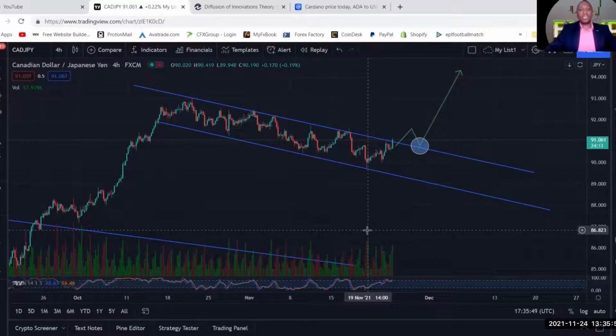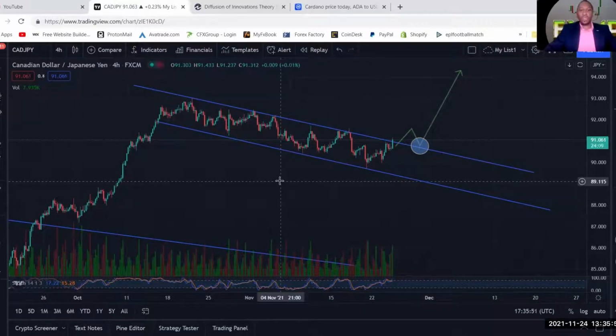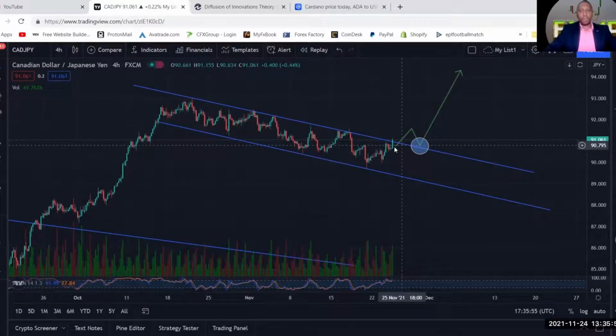So you can see that based on what I just plotted on the daily, the current 4 hour candlestick is currently breaking structure right here. Based on my top-down analysis, starting with the daily, we would most likely get the play that I am anticipating, which will be the breakout of the structure.